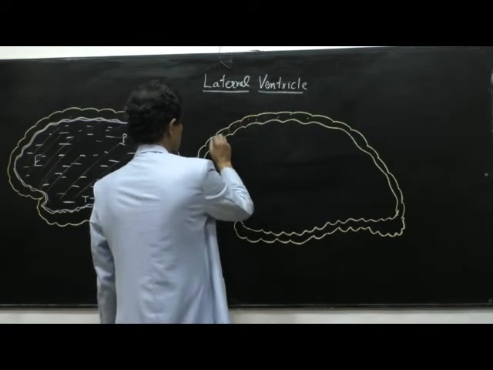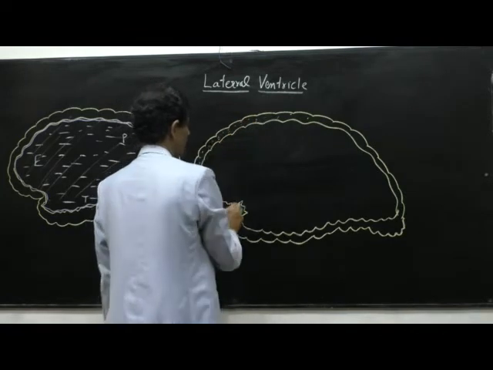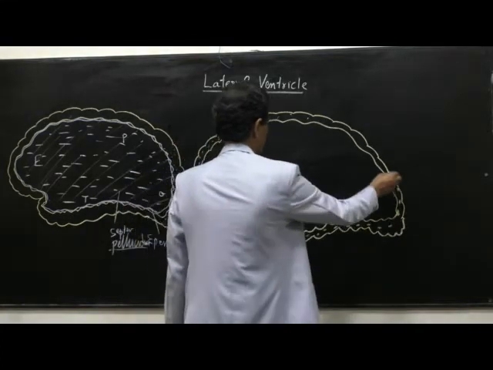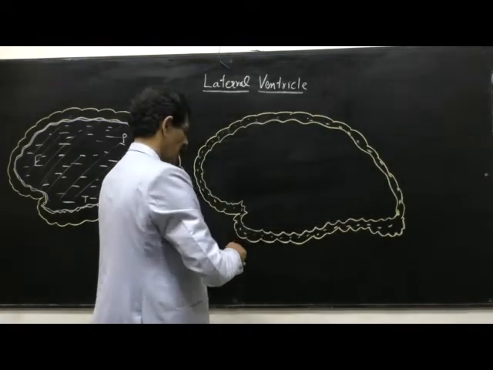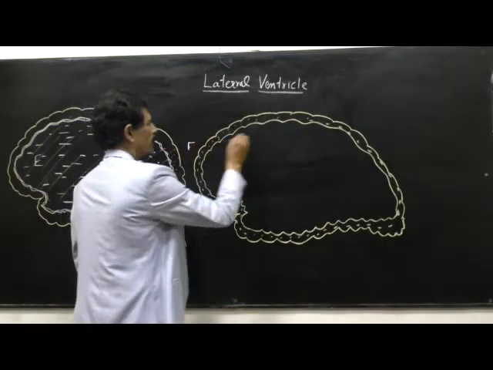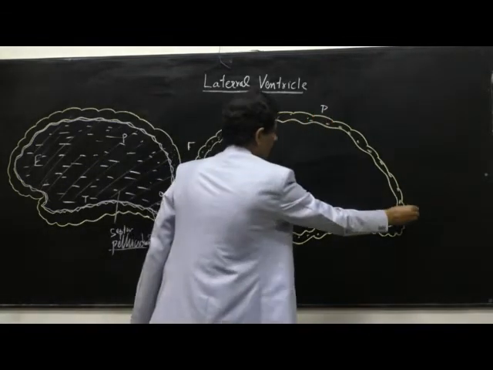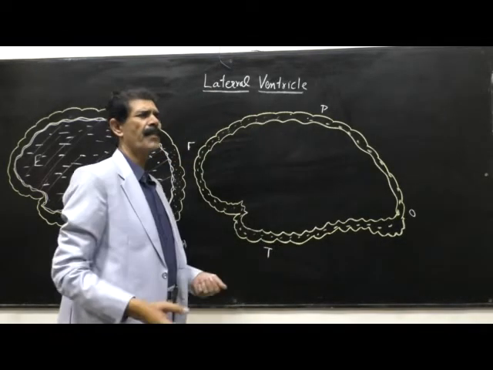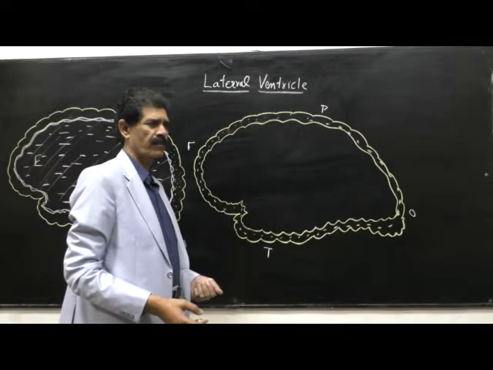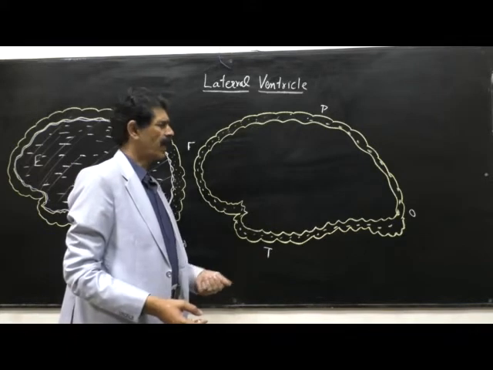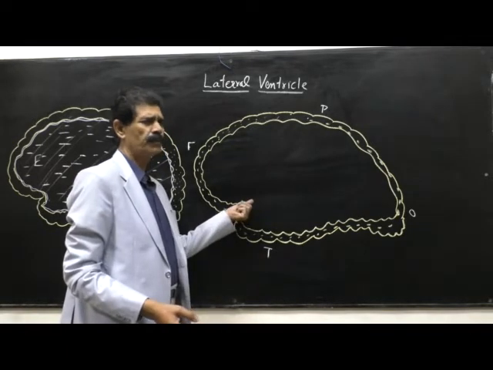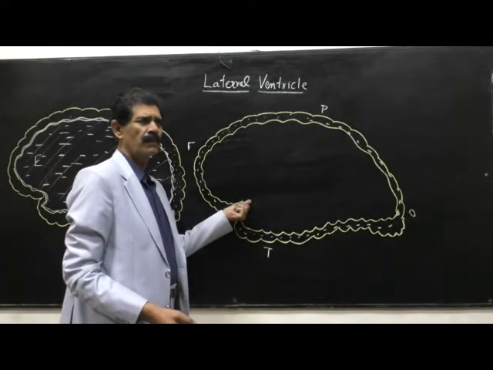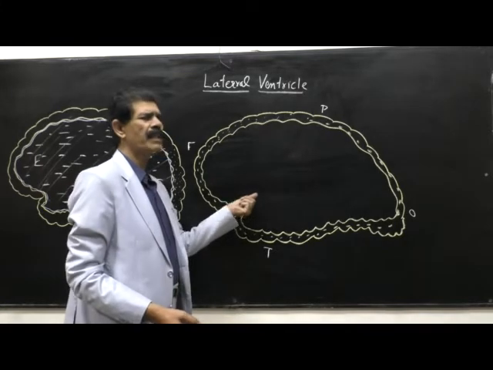So this is the medial surface of the cerebrum. And this is the frontal lobe, the parietal lobe, the occipital lobe, and below, the temporal lobe. Now what happens? There is the development of various structures, as we have done in the grey matter of the cerebrum and the white matter of the cerebrum also. So many things develop.